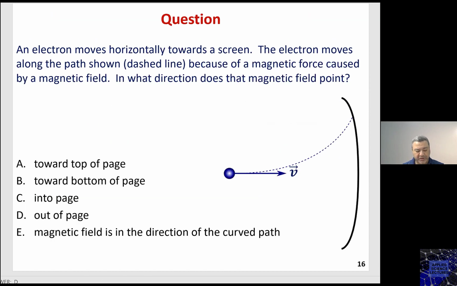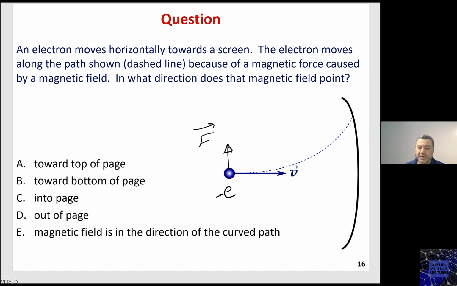Now let's look at this question. An electron moves horizontally towards the screen. The electron moves along the path shown, the dashed line, because of a magnetic force caused by a magnetic field. In what direction does that magnetic field point? As we can see, the charge is an electron, and it is deflecting upward, which means there's a force applied on this charge in this direction.